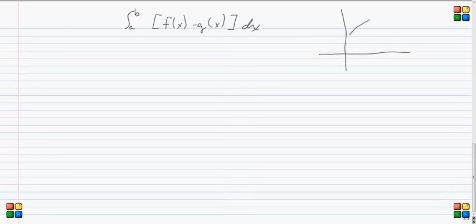When we had these two graphs, we had f of x, which was this area all the way down here, and we had the area of our g of x, which was this area right in here. When we took away that g of x from the f of x, we came up with this area. Well, that's exactly what we have applied right here.